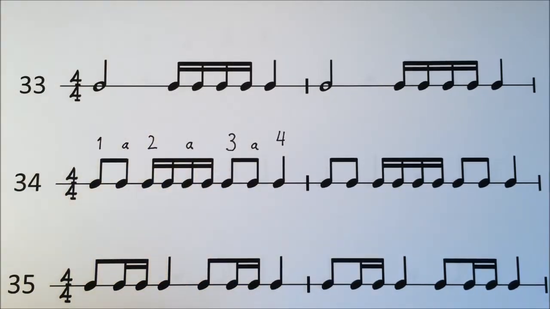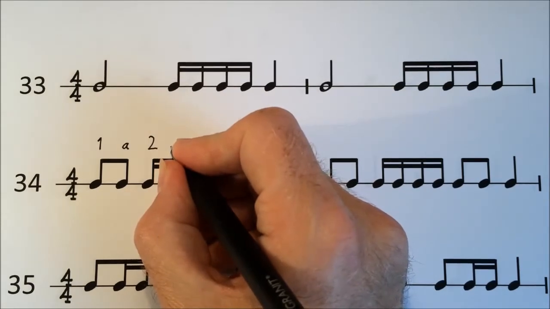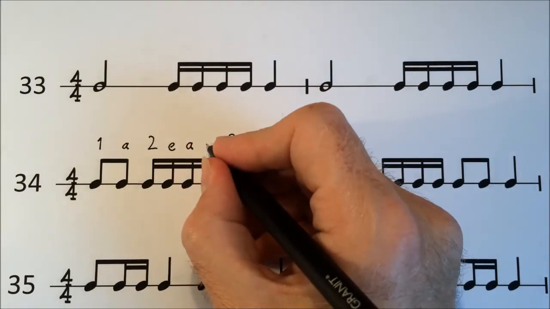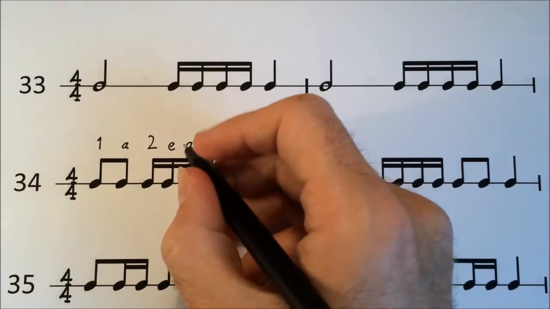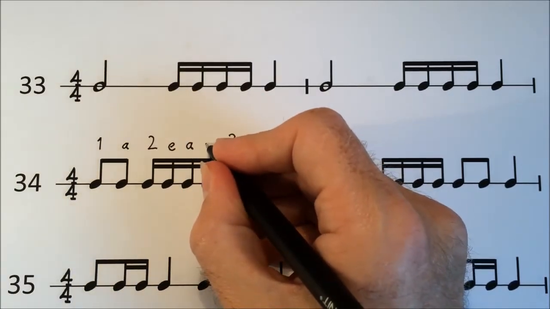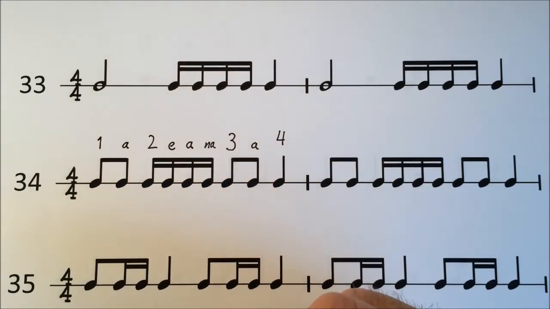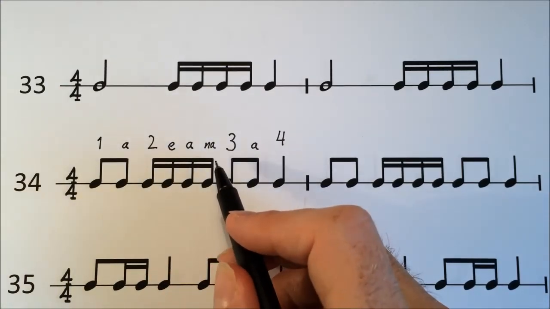A pretty common way to do it is to add some sounds on the other notes as well when you have 16th notes, and this is a pretty common way to do it, that you add an E on the second of the 4, and you say 2 E and. I would just write an A here, just as if you said na. So it would read 2 E and na.